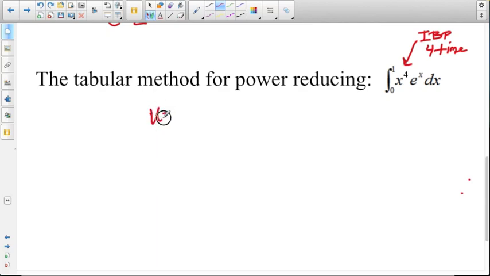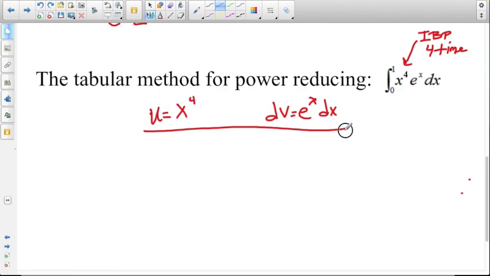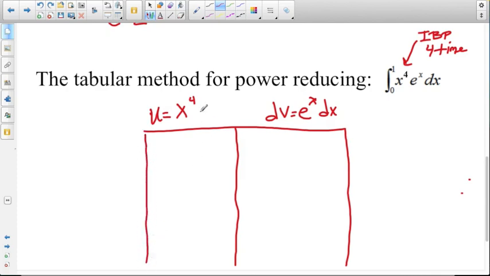We know our u is going to be our x to the 4th because we want to reduce that power. And our dv is going to be our e to the x dx. And then below that, we list the derivatives and the integrals of all the successive ones we need. So in other words, we differentiate this all the way down to 0.